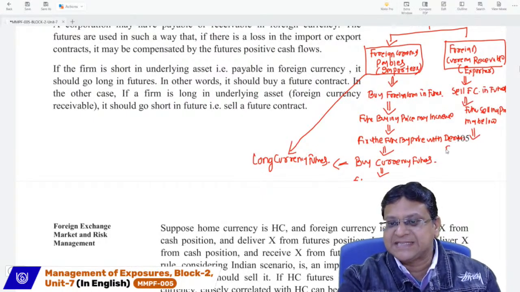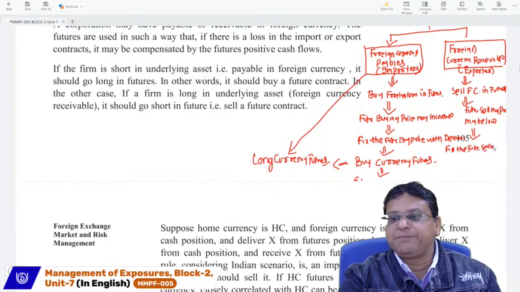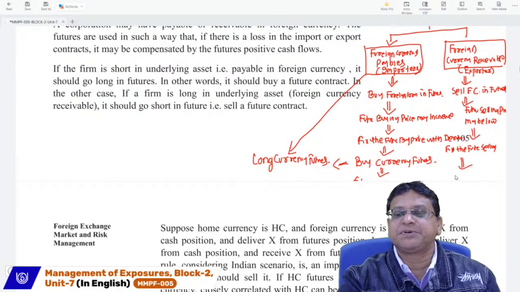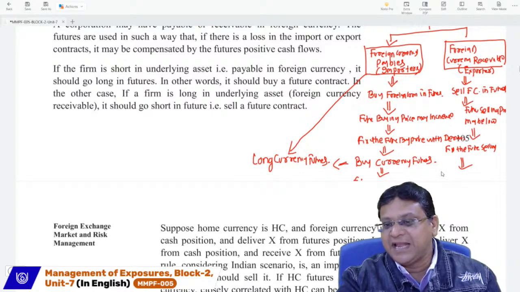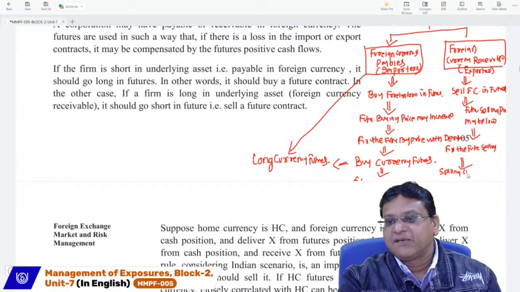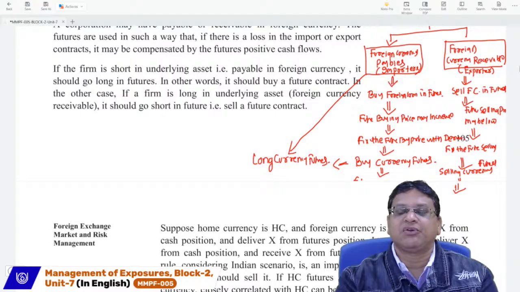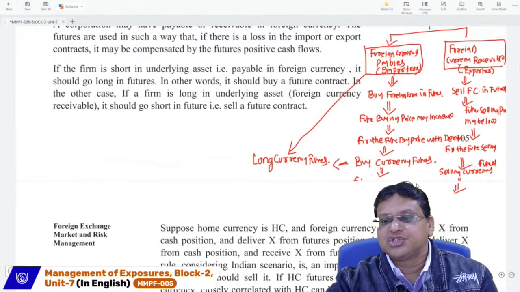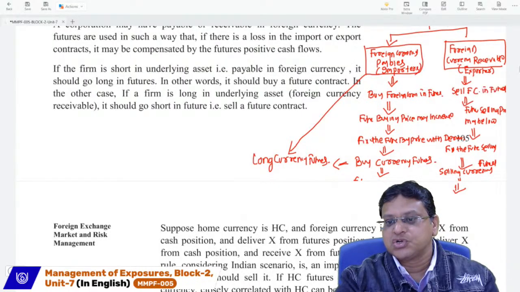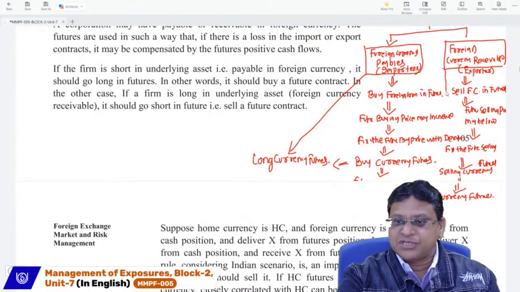They want to fix the future selling price. How you can fix future selling price? You can fix future selling price by selling currency future. So you will take which position in currency future? You will take short position in currency future. You will short currency futures.